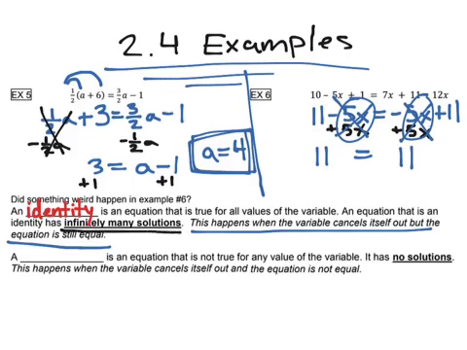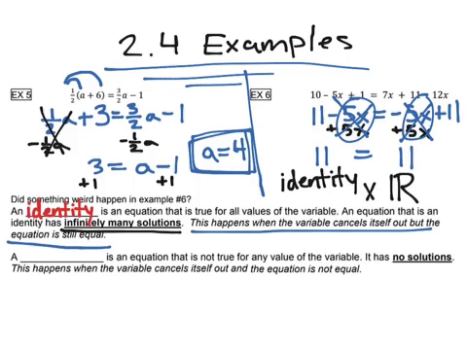So once you get to 11 equals 11, you're not done. You're going to want to say identity. You've got to write that. And then it has infinitely many solutions. And we've seen this symbol before. The solutions would be all real numbers.